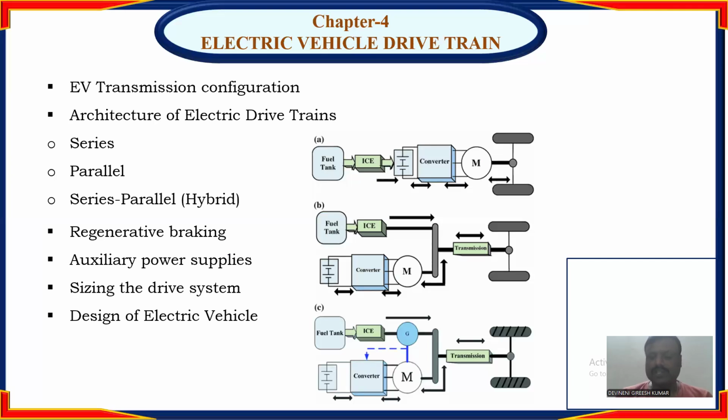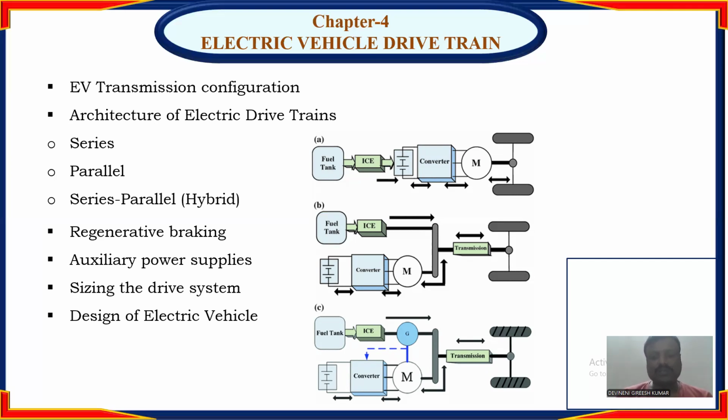The combination can have three models: the series design, the parallel design, and series-parallel combinations. Their pros and cons, which model is more efficient, which is less efficient, and for which application, we discuss in the electric vehicle drivetrain design.